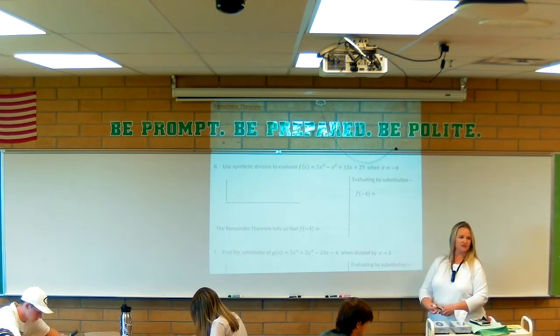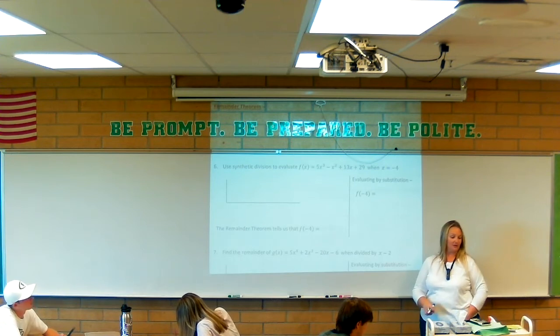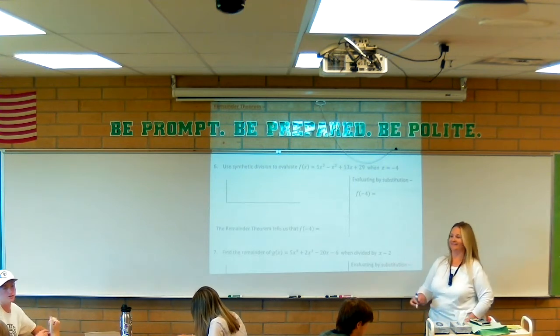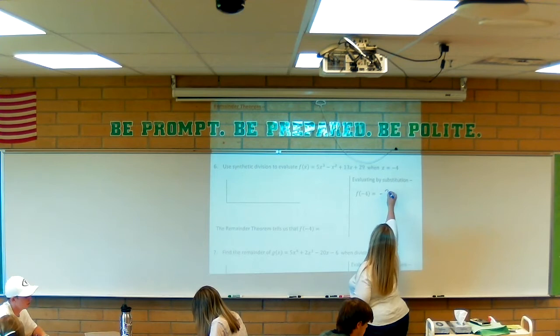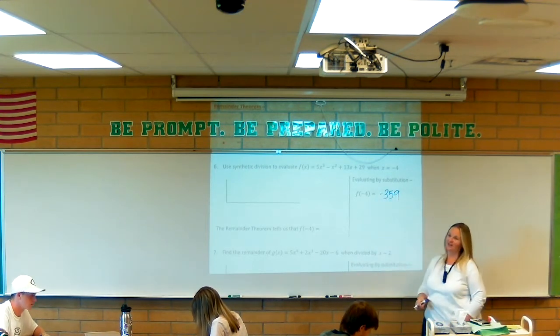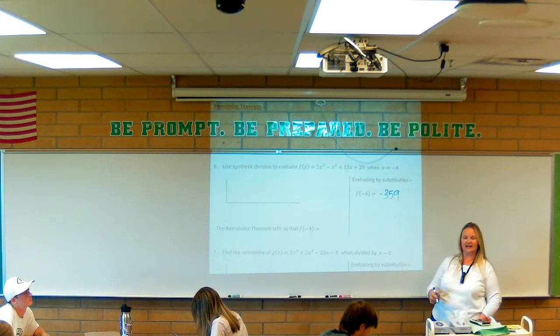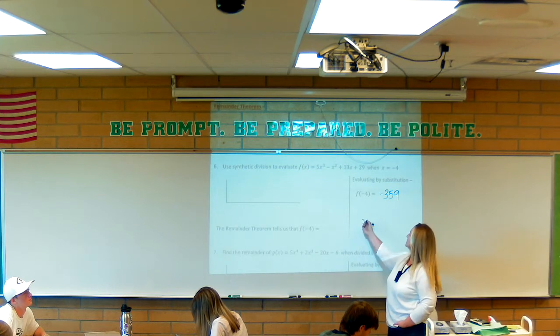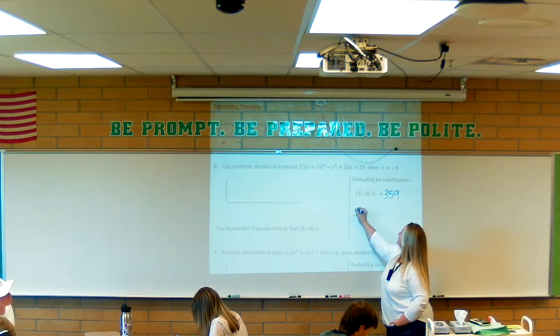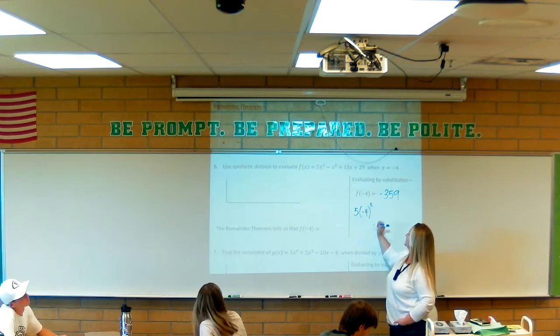Did you get -359? Well, that's what it is. Can we discuss order of operations just a teeny tiny bit? Let's just do this first term right here. 5 evaluated at -4. We've got a -4 raised to the third.